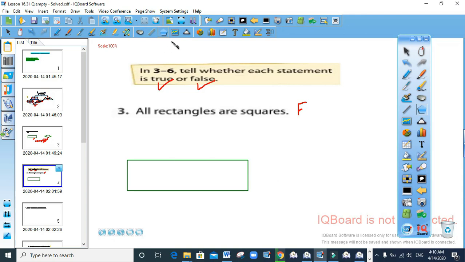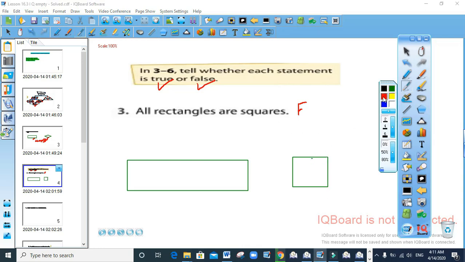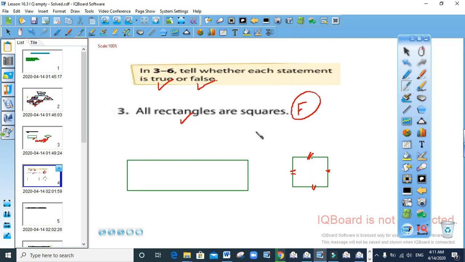But if I draw this one, which has four equal sides, it can be a square. So not all rectangles can be squares. False. But we can flip it: all squares can be rectangles.